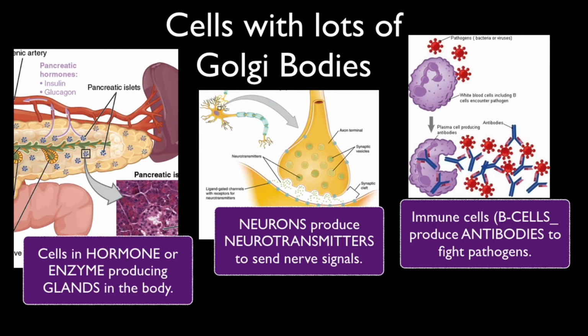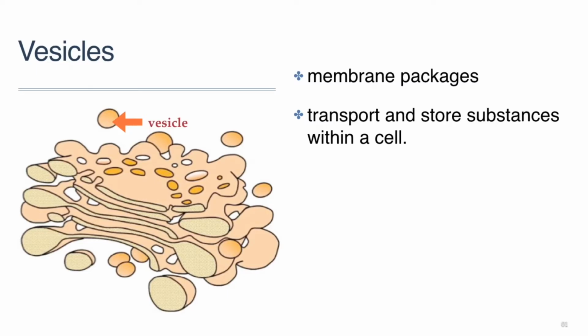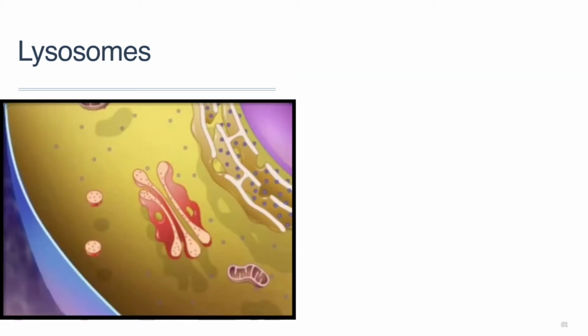B cells produce little tiny proteins called antibodies. And these antibodies are basically secreted out of the B cells into the blood in order to help fight infections. And in case you didn't know, vesicles, as shown here, are just little membrane packages that mostly transport material throughout the cell, but sometimes also store them.